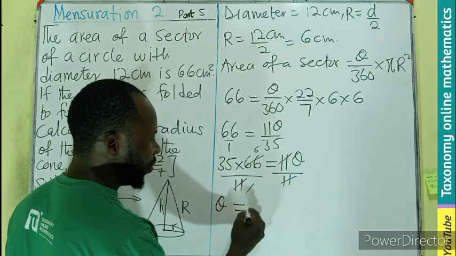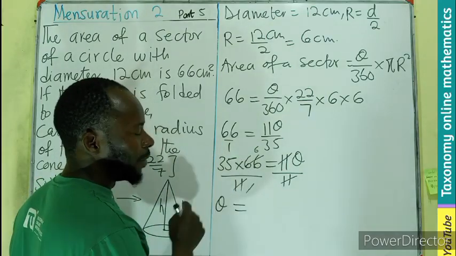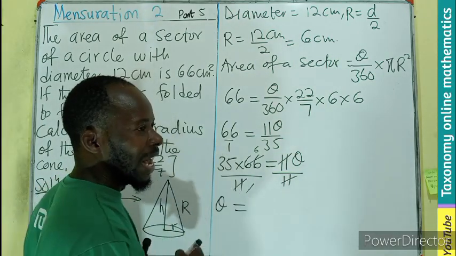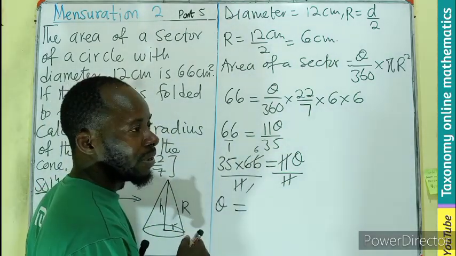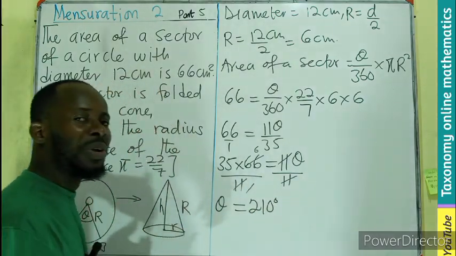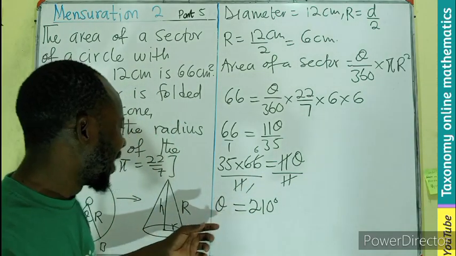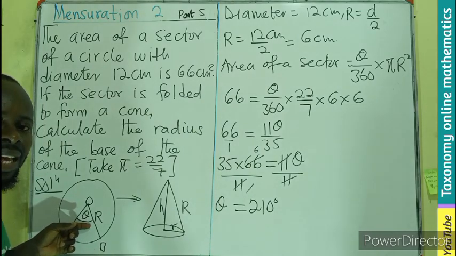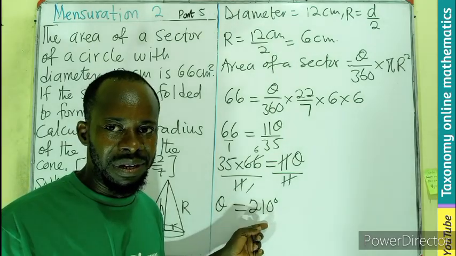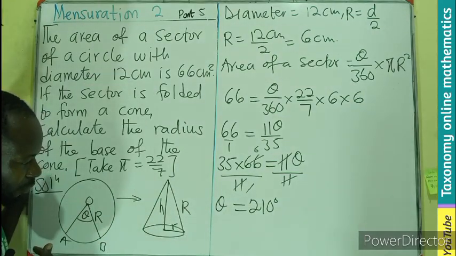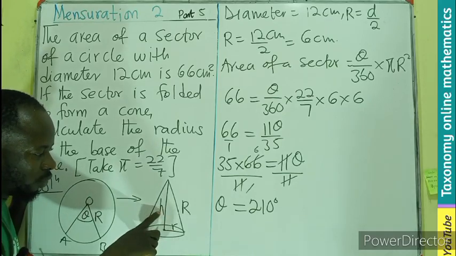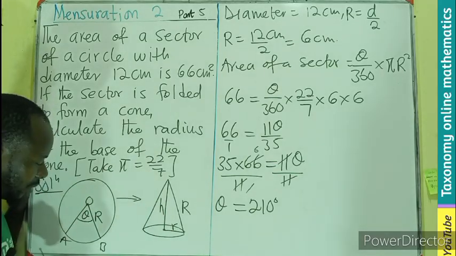So our theta will be equal to 6 times 30, that will be 180, times 5, 30. So we have 210 degrees. That simply means that the angle subtended here is theta of 210 degrees.